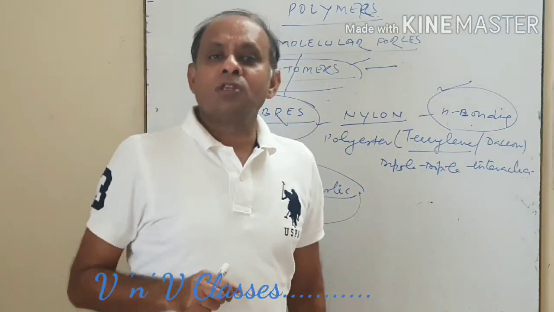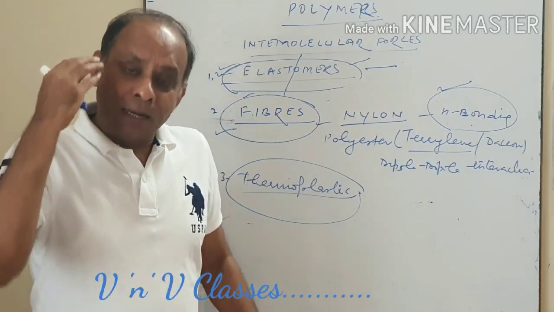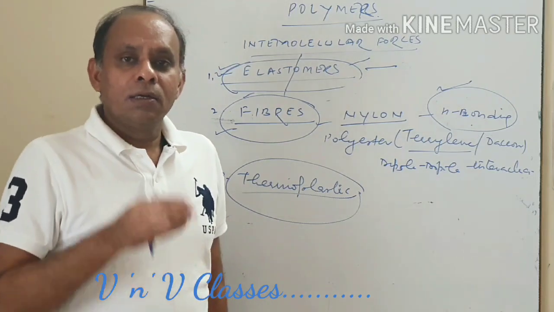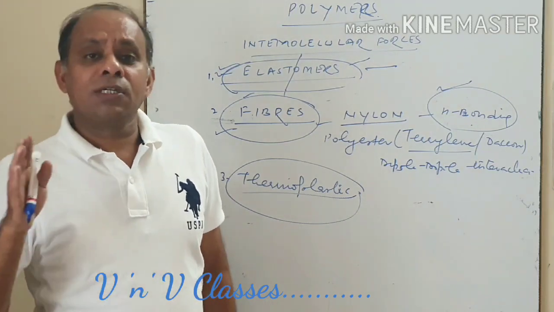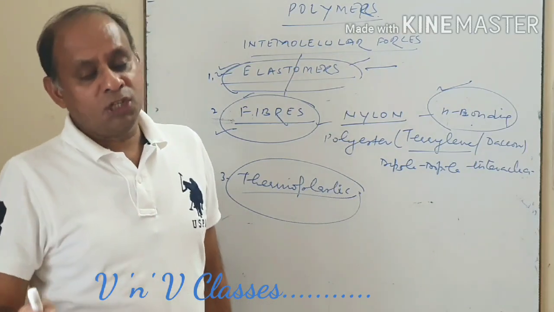What is the property of thermoplastic? Thermoplastic has a special feature that many times when they are heated, they become softened and can be molded into any desired shape.